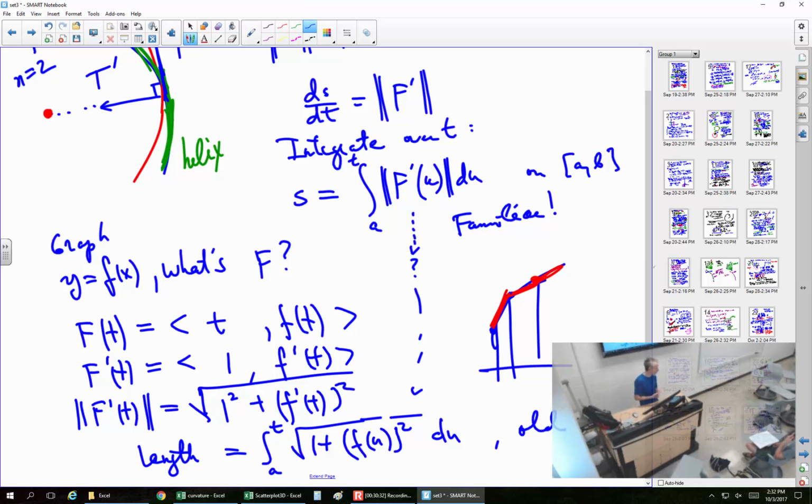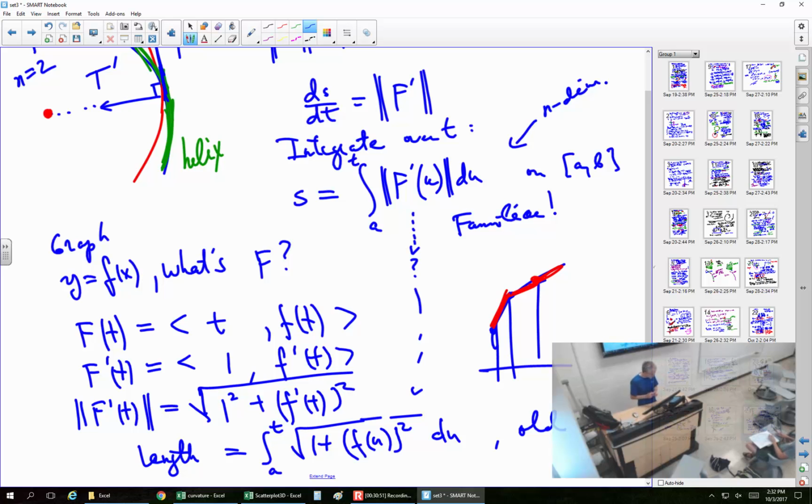A little more work is needed, but the advantage is that this one is n-dimensional and naturally applies to circles and helices; it doesn't have to be a graphical function. That was just worth mentioning.